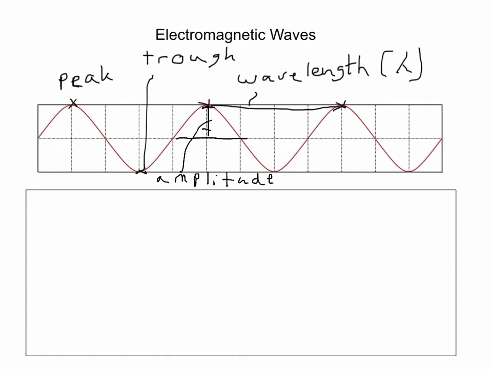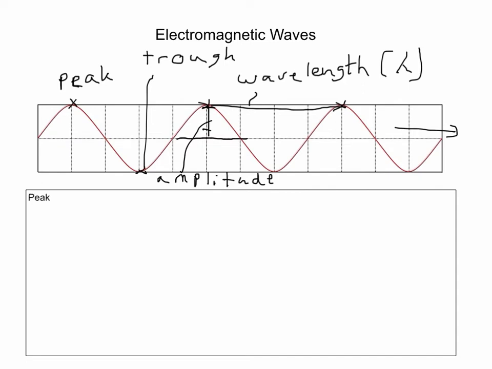The last term we need to know is frequency. The frequency is how many peaks, because this wave is going to be moving one way or the other, how many of these peaks pass by one point every second. So let's formally define these terms.